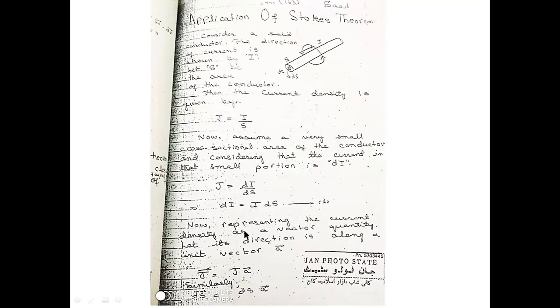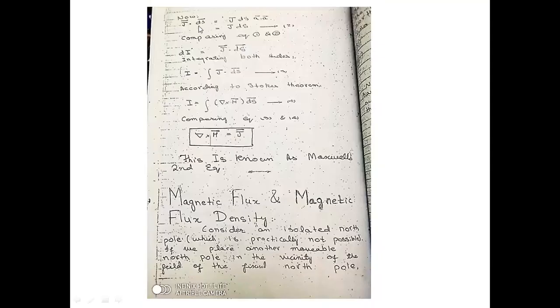Now representing the current density as a vector quantity, let its direction be along a unit vector A. J is equal to J in the direction of A. Similarly ds is also in the direction of A. So according to equation number 1, we get J dot ds is equal to J ds A dot A, the dot product of two unit vectors in the same direction.